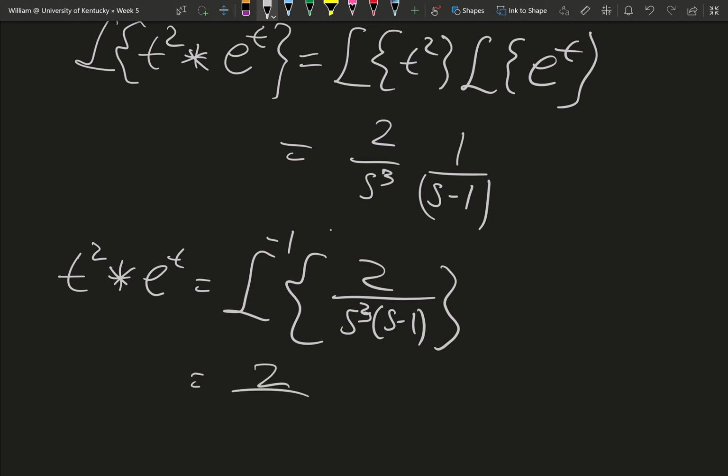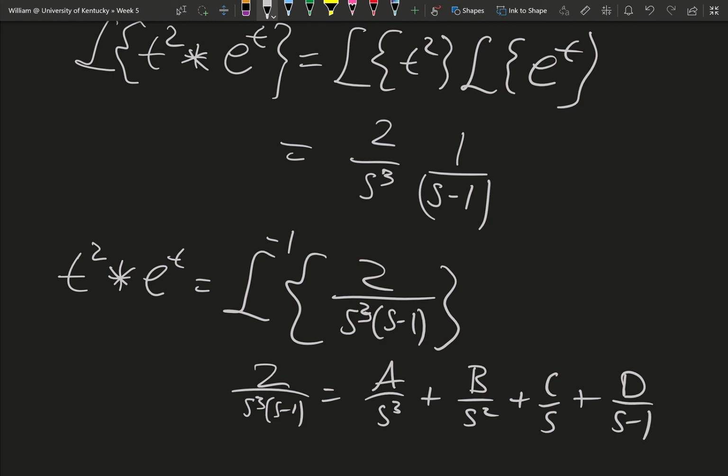So 2 over s cubed times (s minus 1) equals a over s cubed plus b over s squared plus c over s plus d over s minus 1.